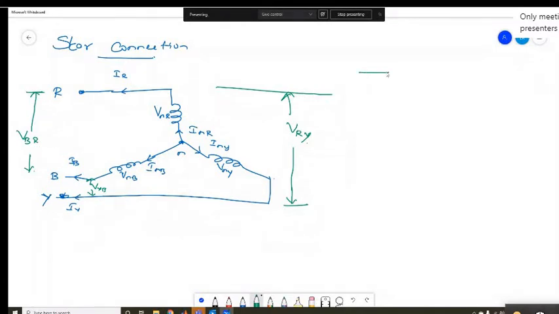Whatever I have shown in green denotes line voltages.